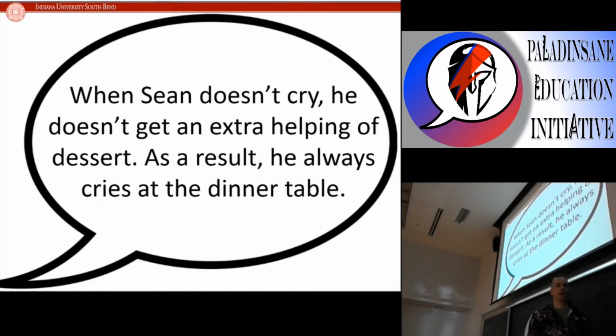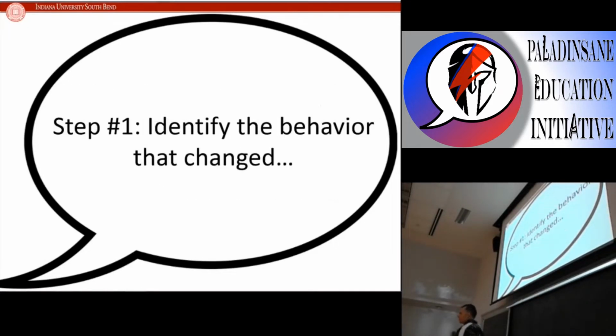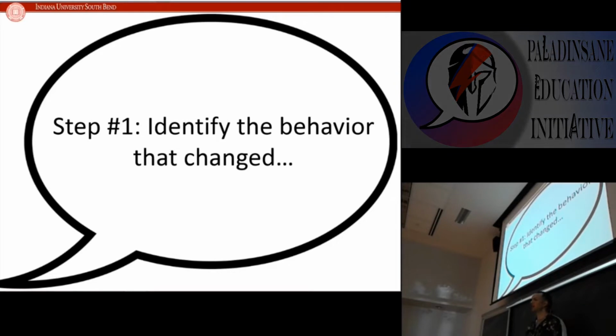It might seem pretty straightforward, it might not, but there are steps that you can go through to identify what it is that is going on here. And the first step, step number 1, is crucial because it contributes to all the other steps.